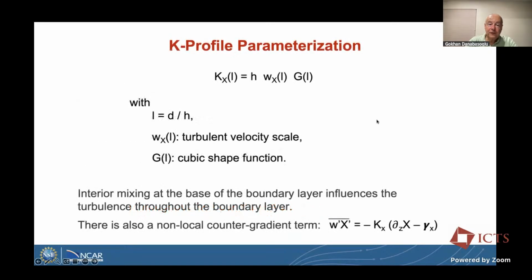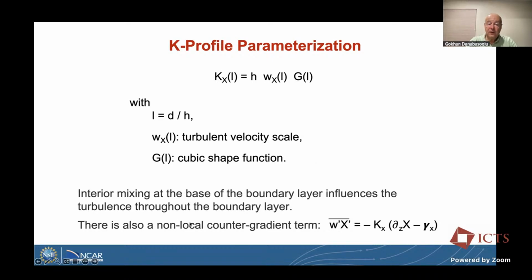Then as a final step, you come up with the diffusivity profile, the K profile parameterization, which is where the name comes from. It is determined using a turbulent velocity scale, and H is the boundary layer depth we determined already. Then to match the interior and the boundary layer diffusivities, we use a cubic shape function.